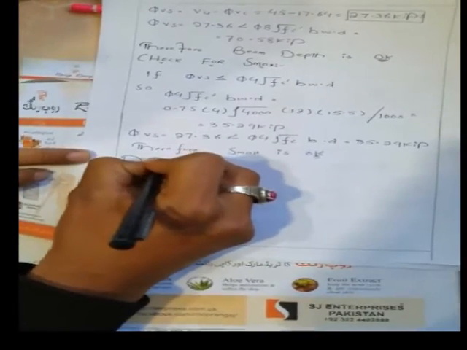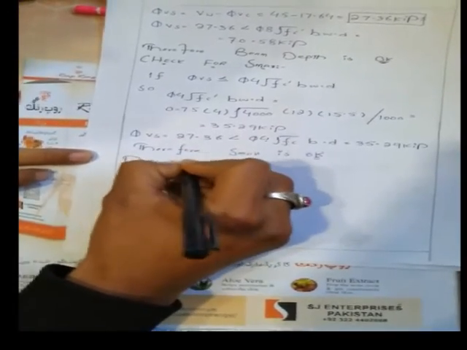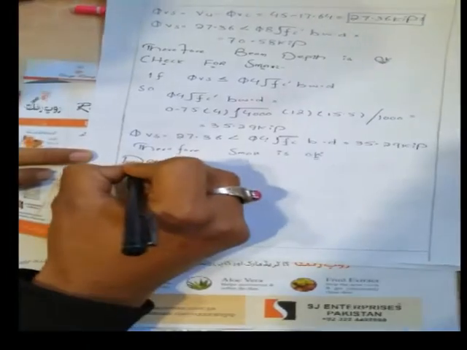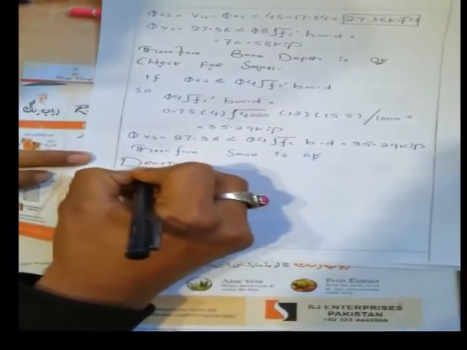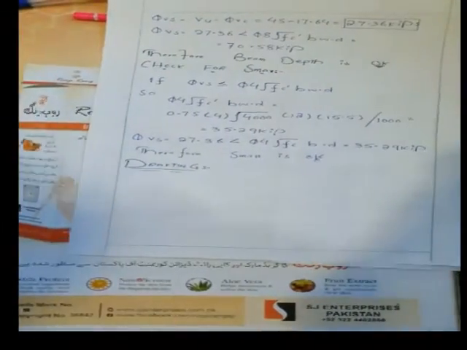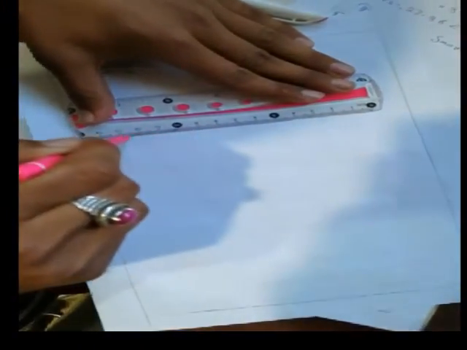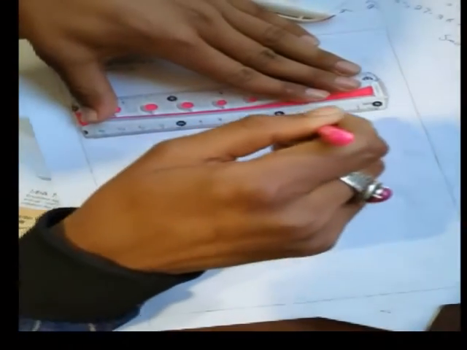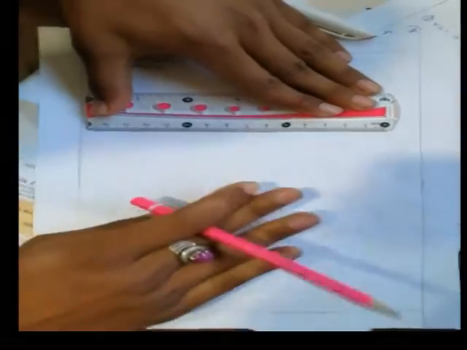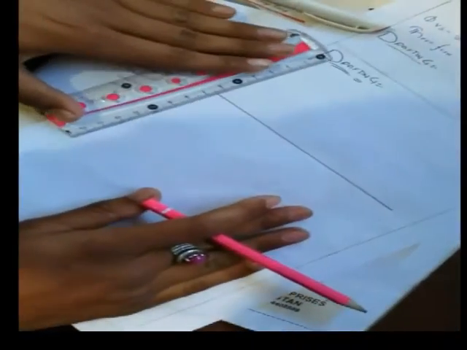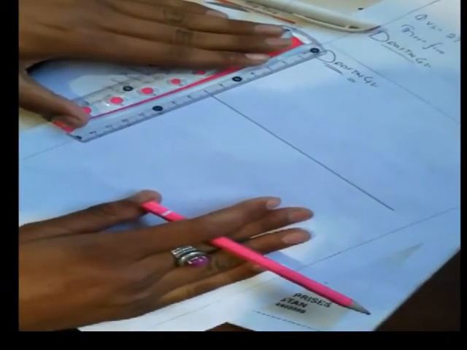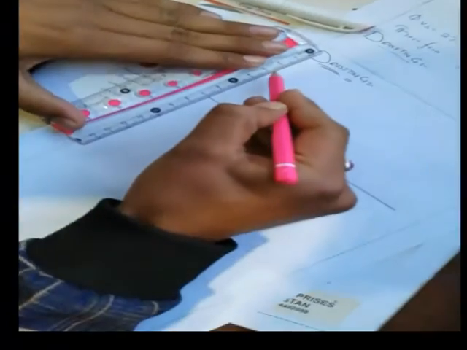Now let's do the drafting for the beam. Drafting is very easy now. Drawing the length of the beam. This is the length of the beam. It is just the drafting, okay? We know the shear force diagram, so let's draw it.